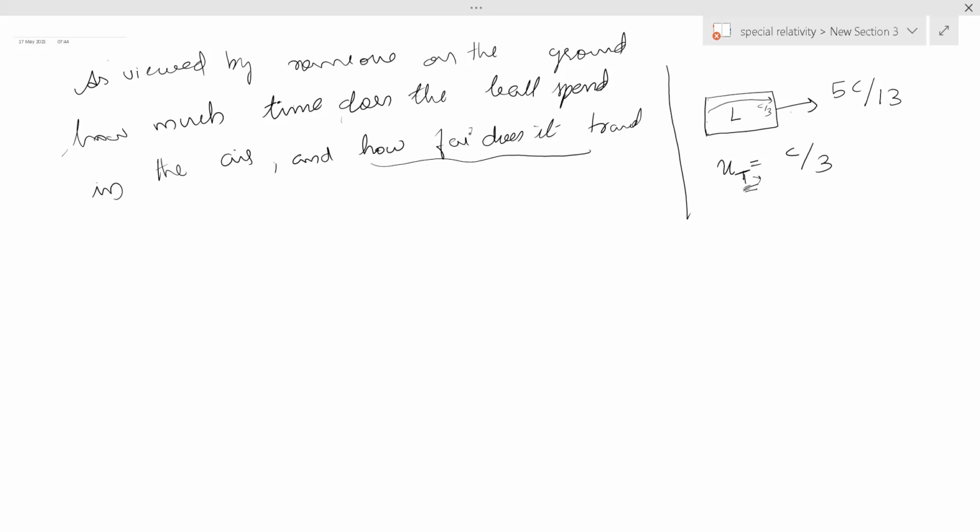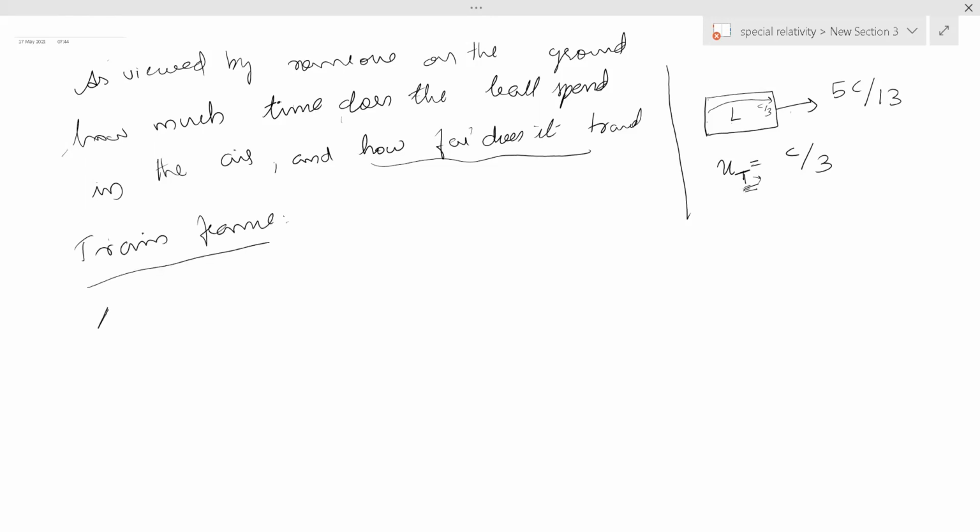Let's just write down what we have. We have the length of the train, or let's write the distance moved. Let's write the train frame first, then we'll use the Lorentz transformation. In the train frame, things are simple.